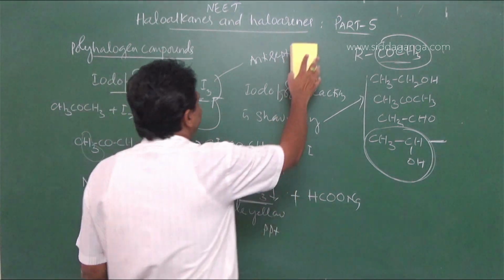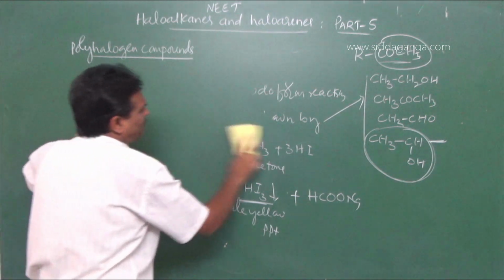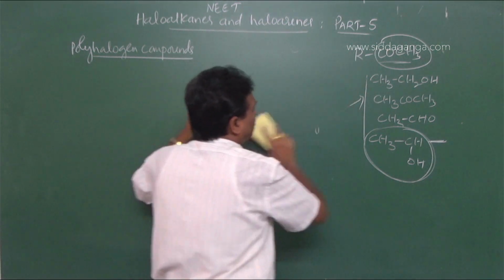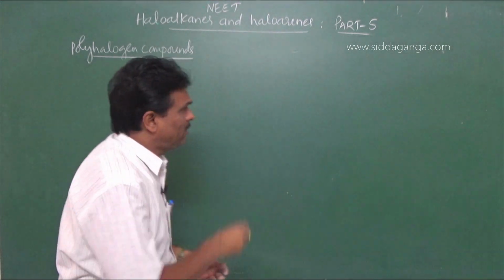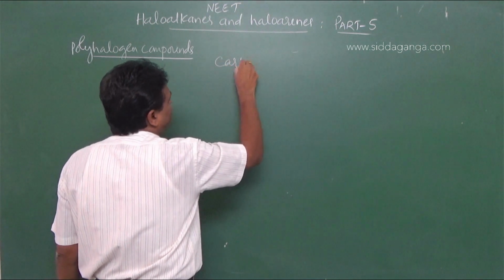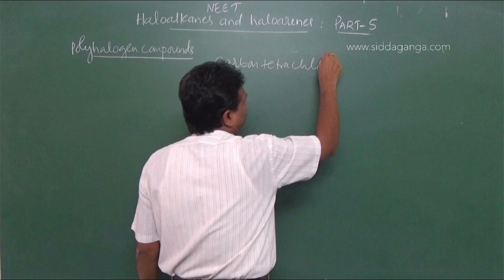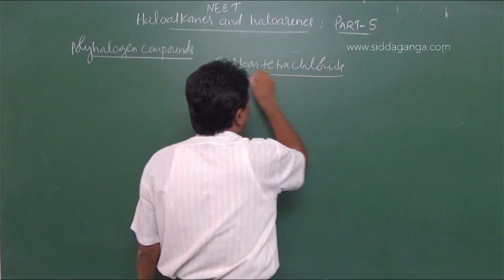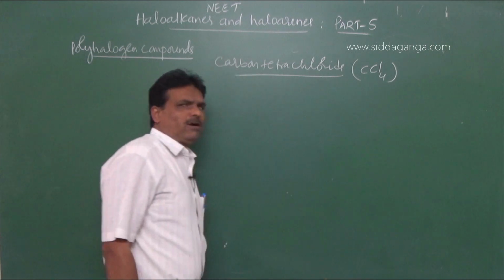Then another one is carbon tetrachloride, CCl4. This is also a polyhalogen compound.